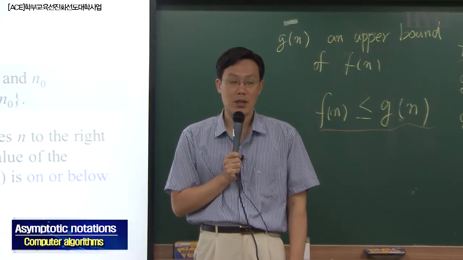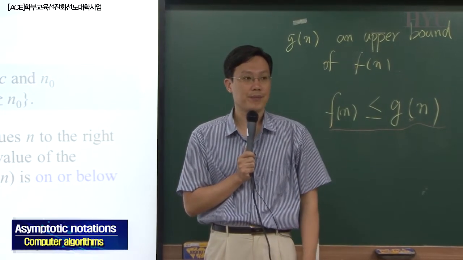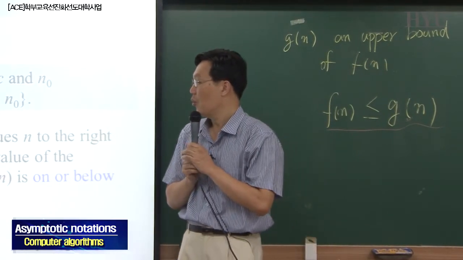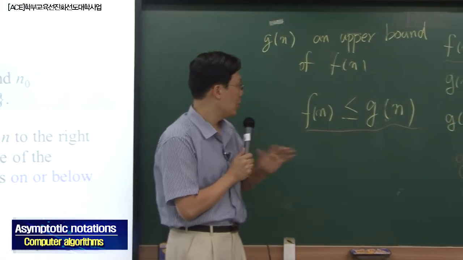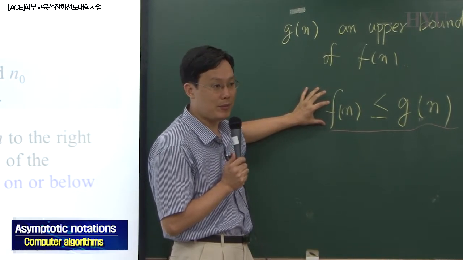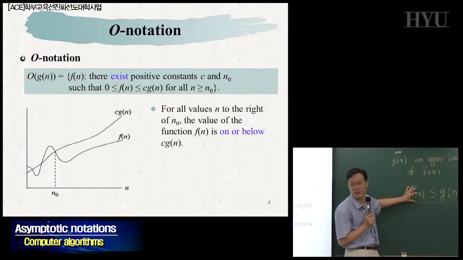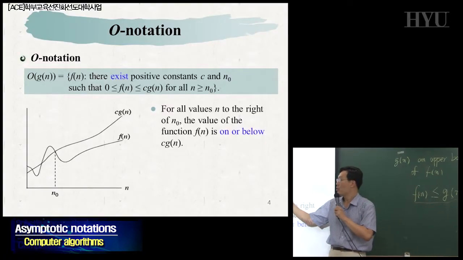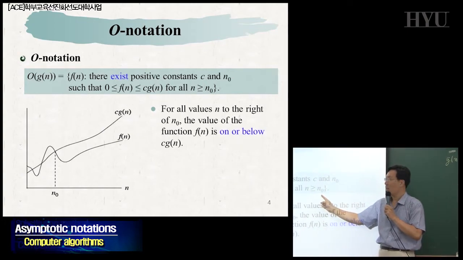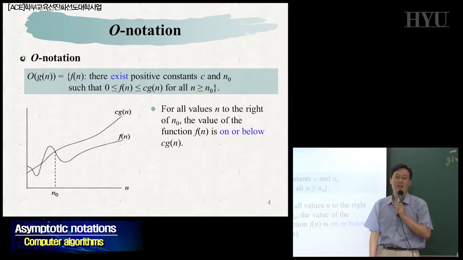What does the asymptotic mean? There are two differences. One is this inequality doesn't need to be satisfied for all n values. We just restrict n where n is greater than or equal to some value n0.